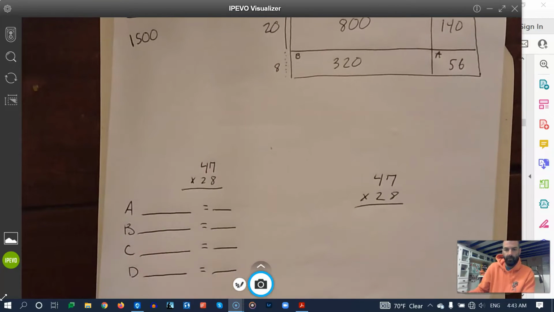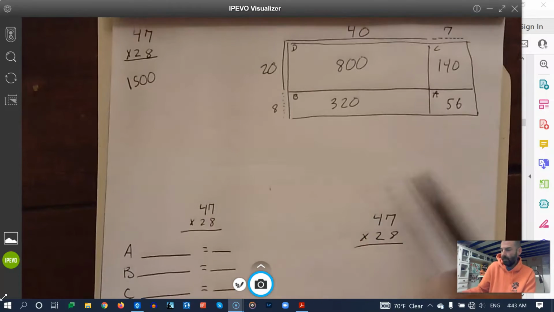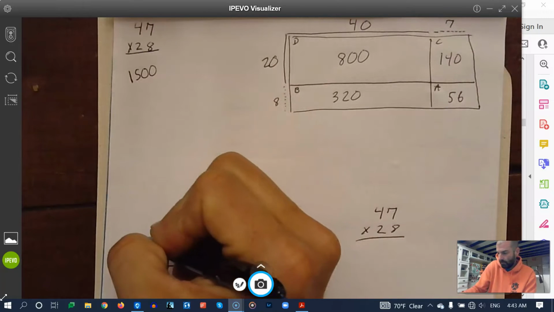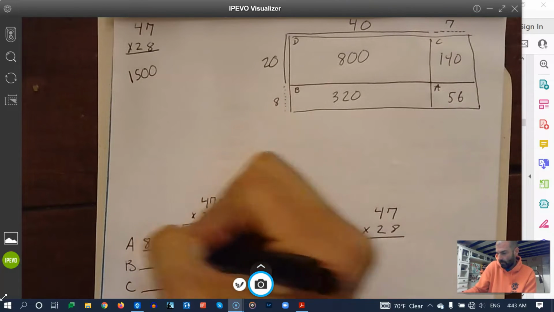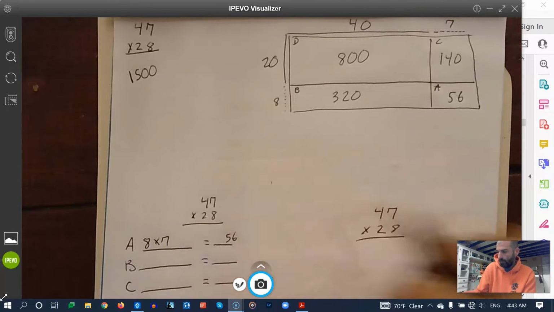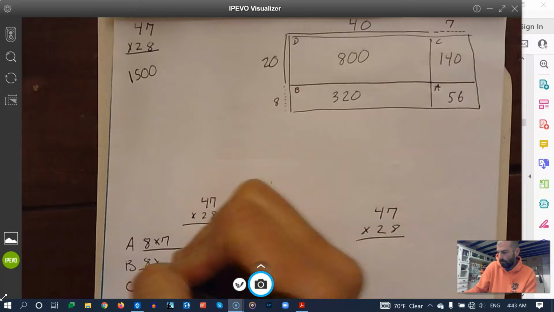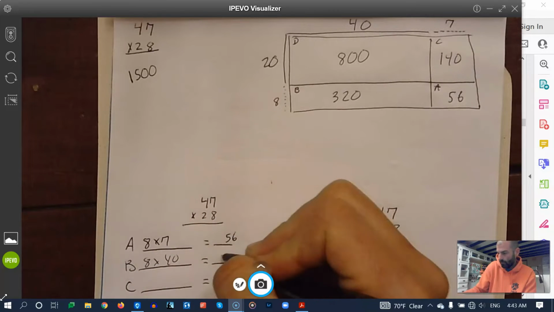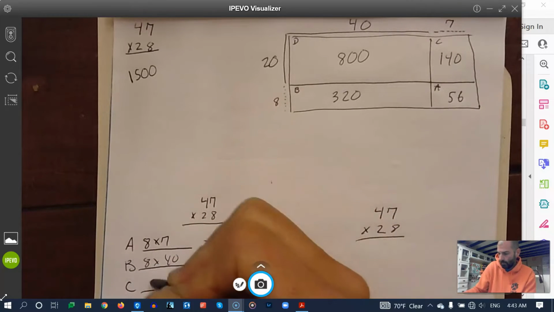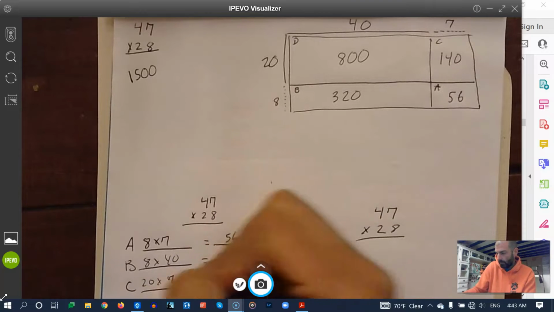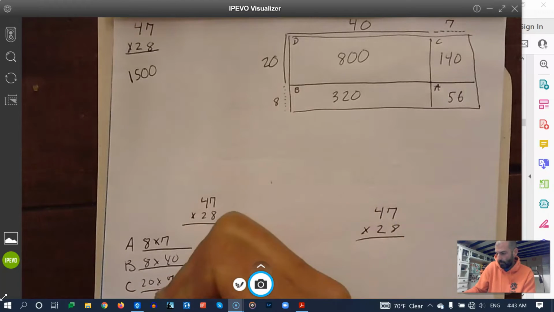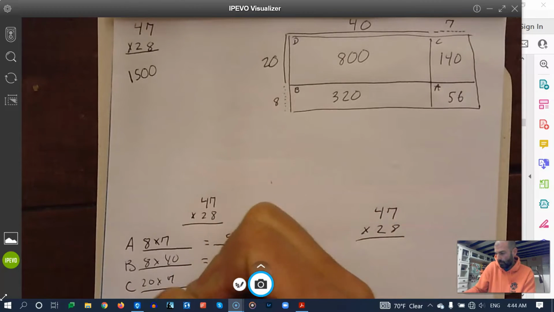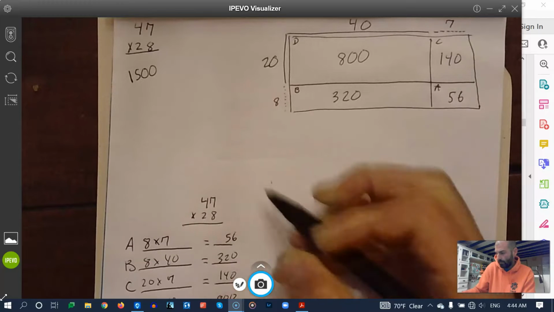All right, so here's our partial products method. So we have A, which is 8 times 7, which is 56, and then 8 times 40, which is 320, and then 20 times 7, 140, 20 times 40, 800, and then we add all those up.